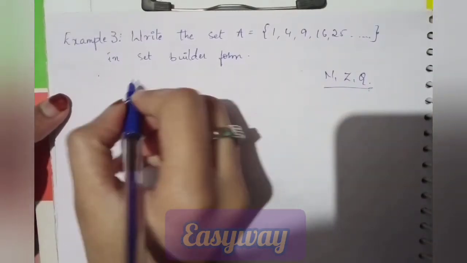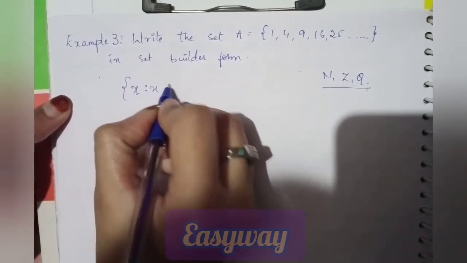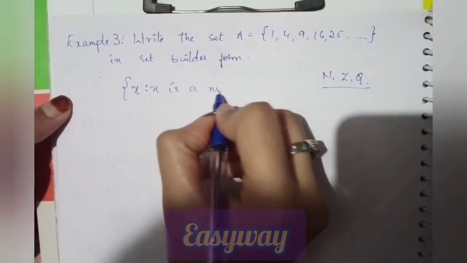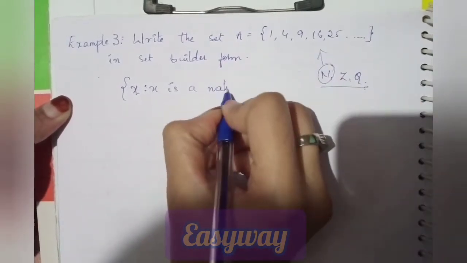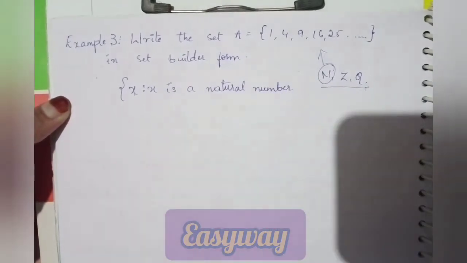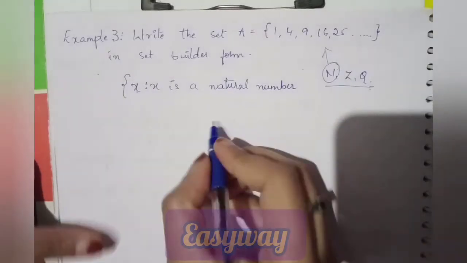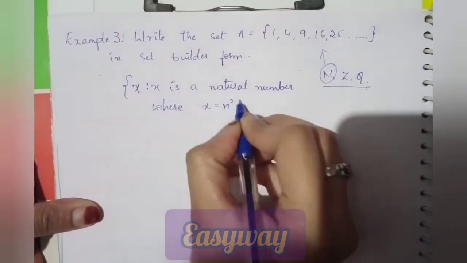In set builder form we have to write it as x is a natural number where x equals n square.